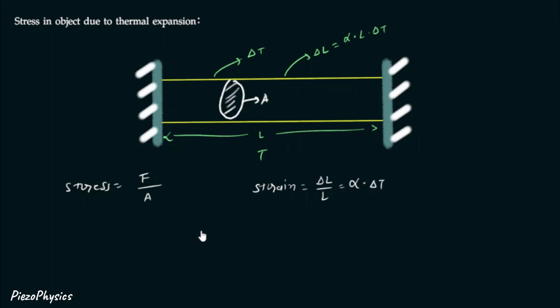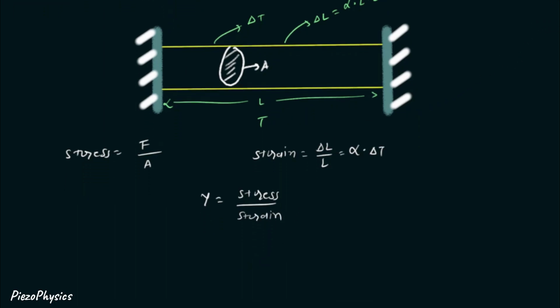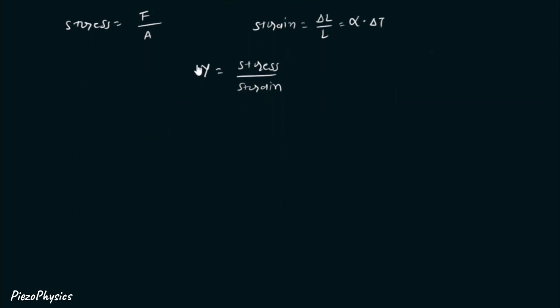Now, as we know, Young's modulus Y equals stress upon strain. So if we put both the values, we have Y equals F upon A divided by alpha into delta T. Therefore force will be equal to Y into A into alpha into delta T. Therefore force will be equal to Y alpha A delta T.